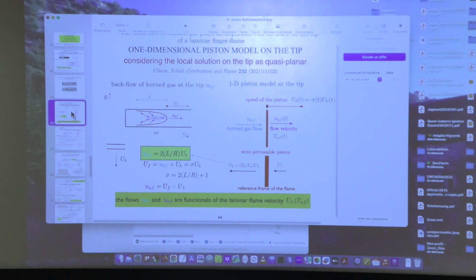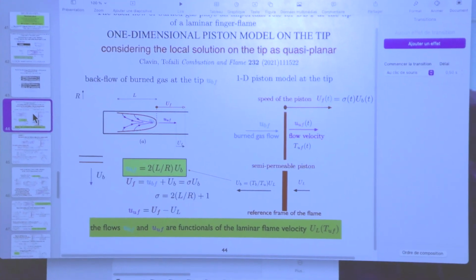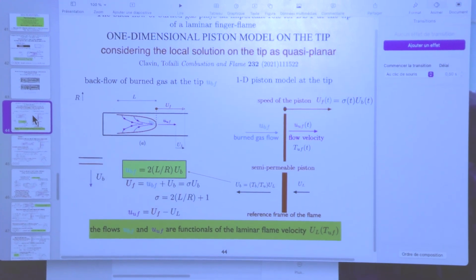I would like to stress a very important point of this elongated flame.